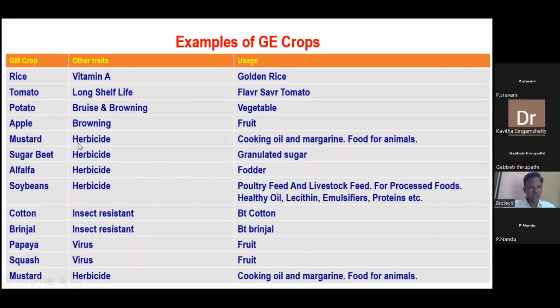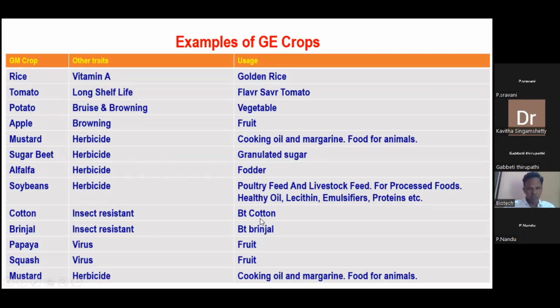Then mustard, herbicide resistance. Sugar beet, herbicide resistance. Alfalfa, herbicide resistance. Soybean, herbicide resistance. Okay, what is the importance of these? It is cooking oil and margarine. This is for granulated sugar. Alfalfa is a fodder. Soybean is poultry feed and livestock feed. Also, we get healthy oil from this.